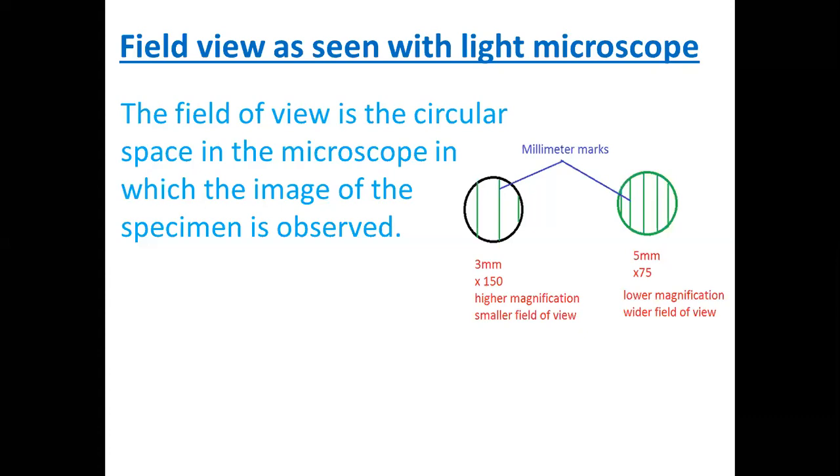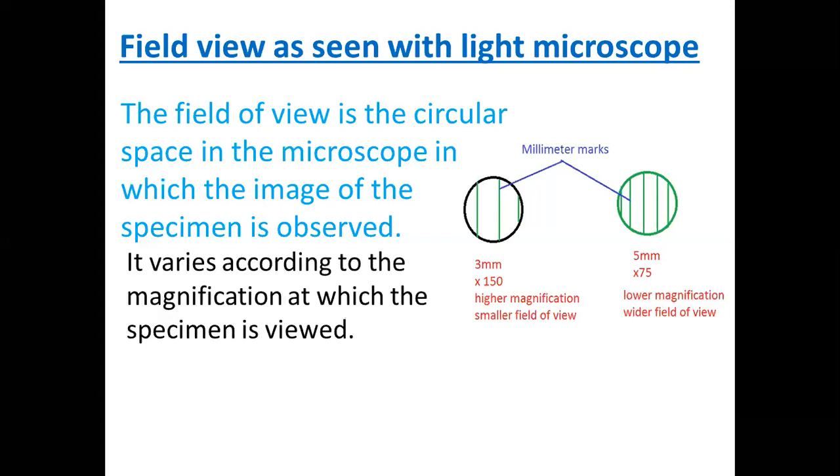On the other side, at times 75 magnification, that is lower magnification, of course, but the field of view is wider. We can see about 5 millimeter marks, but also the details are now few. So that is something that I want to emphasize all through. So field of view varies according to magnification at which the specimen is viewed.